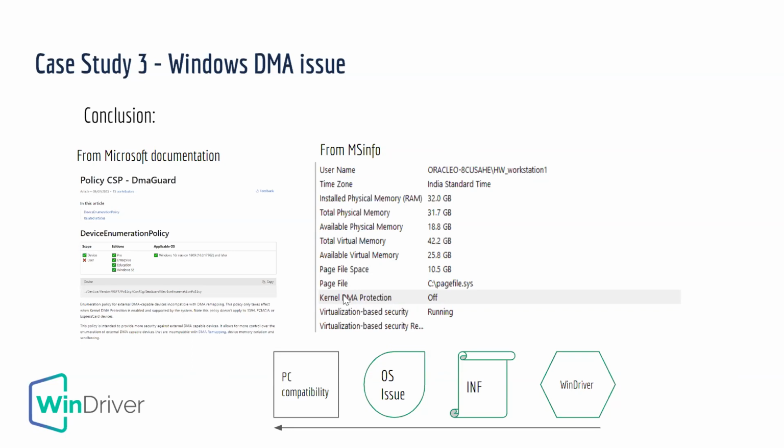This is a protection measure, right, of Windows on its users. It doesn't want anything to... imagine how catastrophic it can be if anyone could just start performing DMA on the computer, on the hardware, on the devices. So it is enabled by default. You need to disable it in order to perform DMA on your computer.